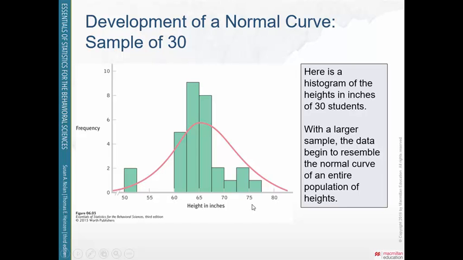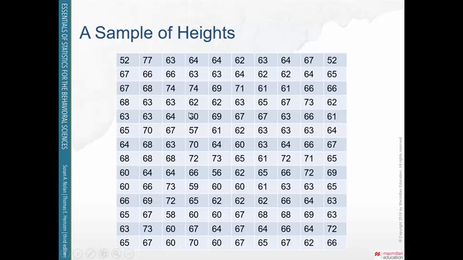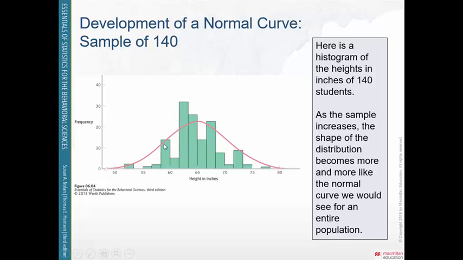As you now get more data, now we have 30 students, the distribution starts to look a little more normal. And then if you get all of this data, that's 140 students, it becomes even more normal. And as you collect more and more data points, we would see this normal curve starting to form.